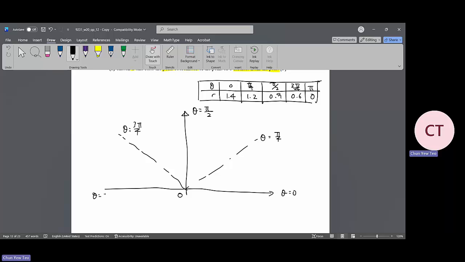Theta equal to pi. And then we can start to plot the point r, which is around 1.4 here, then 1.2, 0.9, 0.6, and then 0. If you combine all the curve together, then your graph will be around like this. Okay, so this will be the answer for 5a.